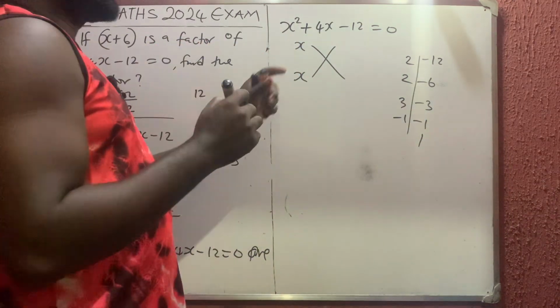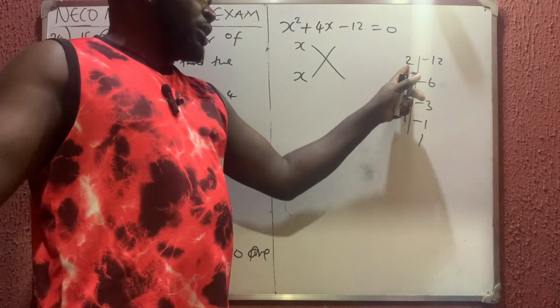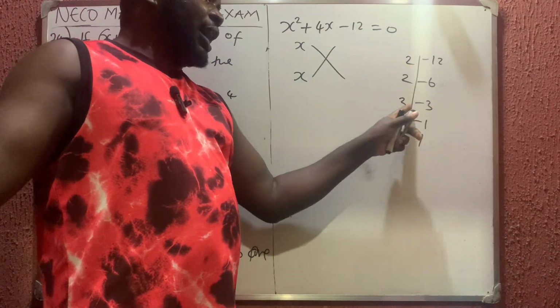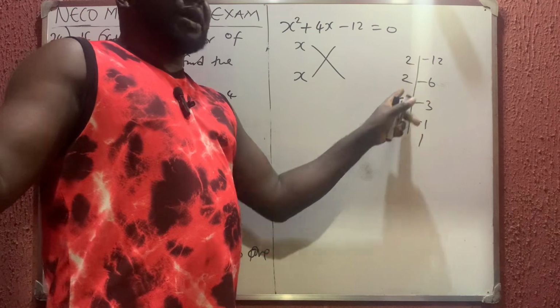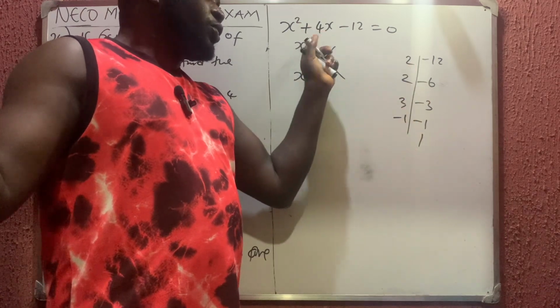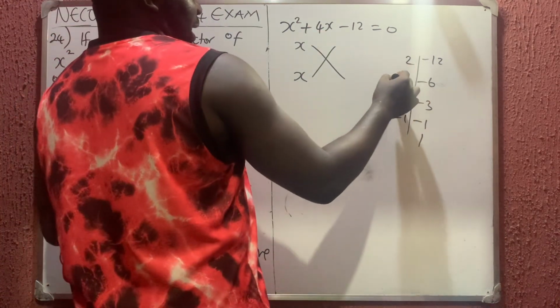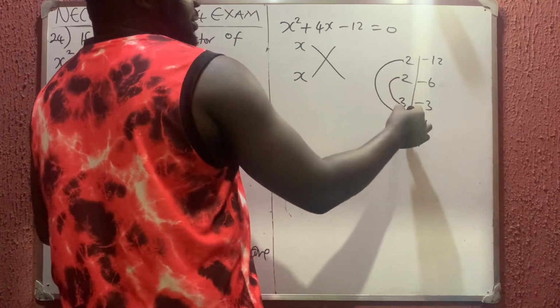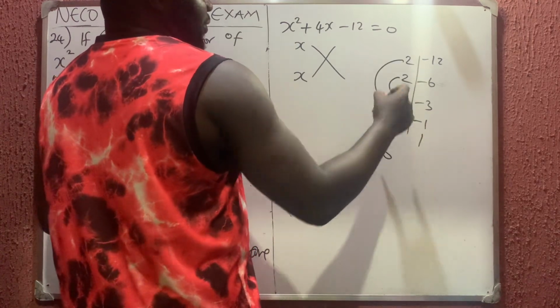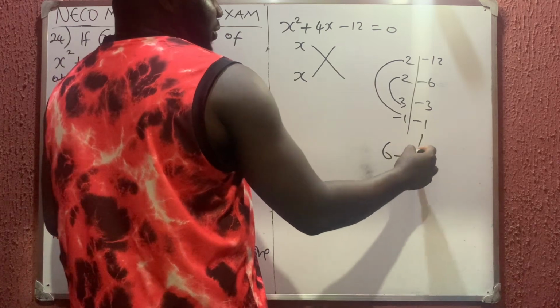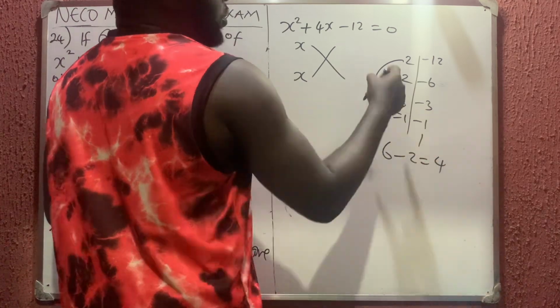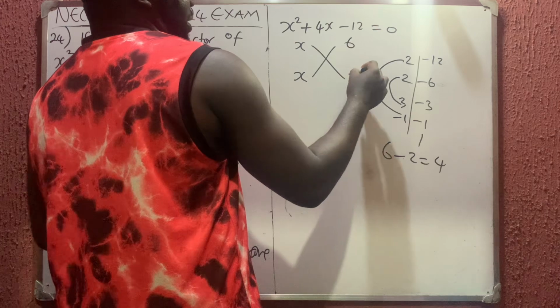I'm looking for 4. If I say 2 times 2 is 4, 3 times this is minus 3. 4 minus 3 cannot give us 4. So let's change. 2 times 3 is 6, and 2 times minus 1 is minus 2. Both of them give me plus 4. So I'm using 6 and minus 2.